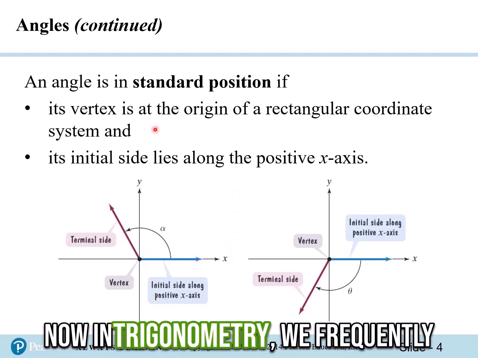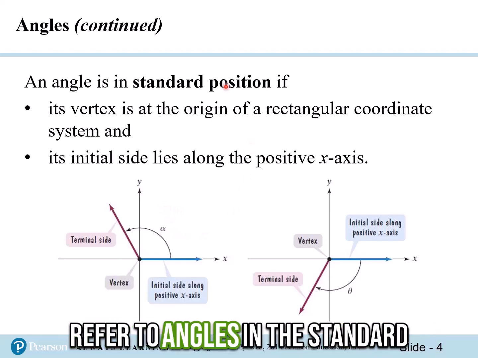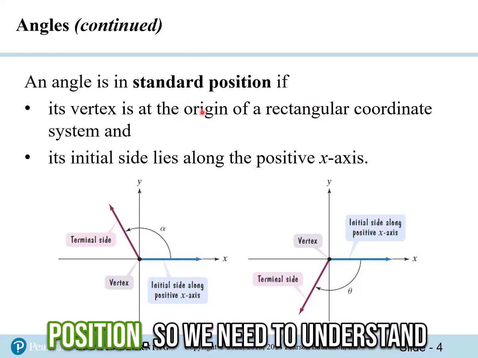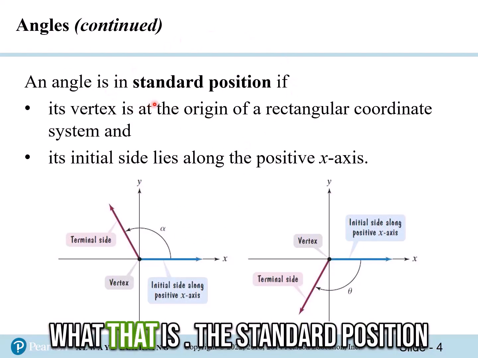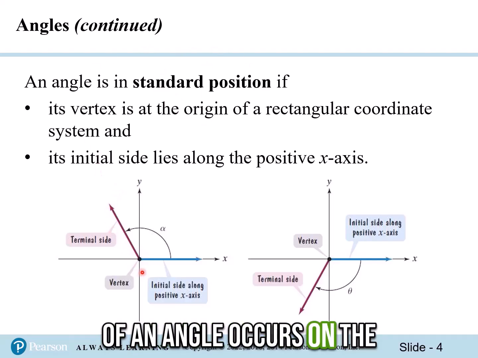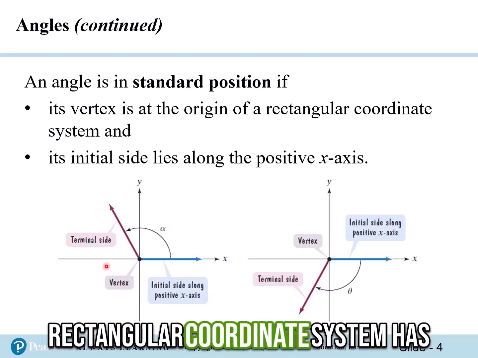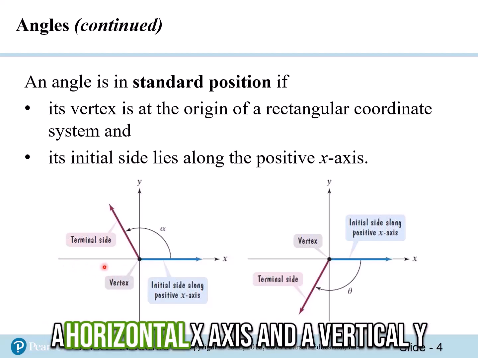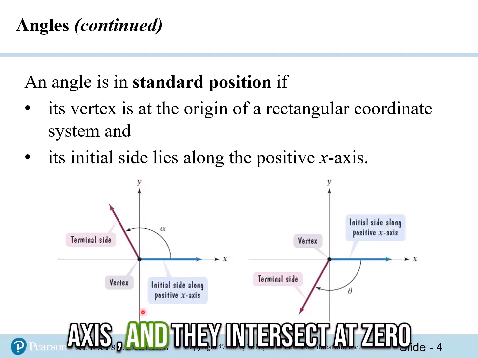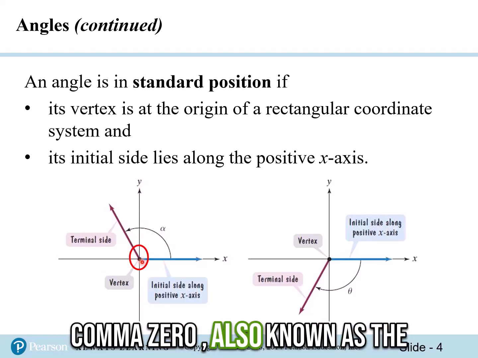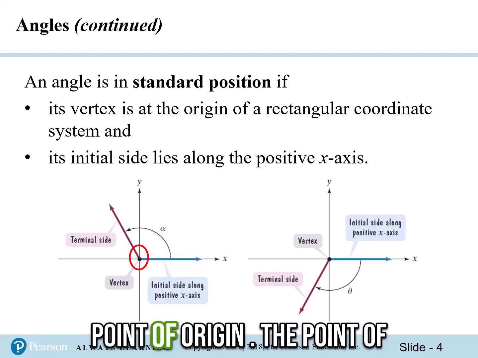Now in trigonometry, we frequently refer to angles in the standard position. So we need to understand what that is. The standard position of an angle occurs on the rectangular coordinate system. The rectangular coordinate system has a horizontal x-axis and a vertical y-axis, and they intersect at 0, 0, also known as the point of origin.